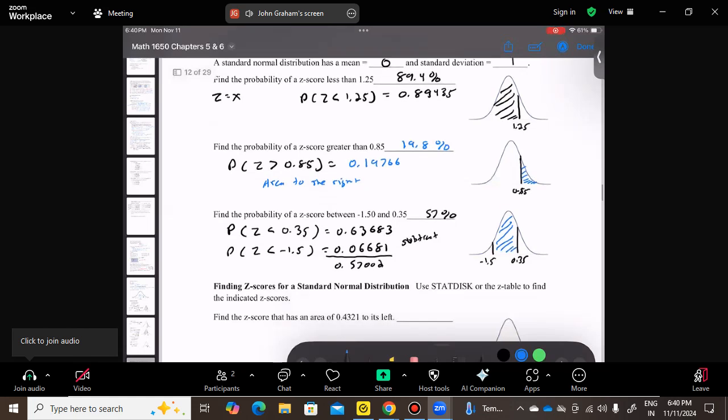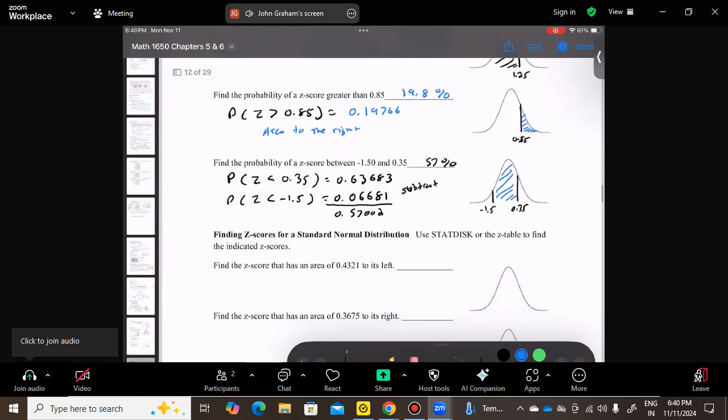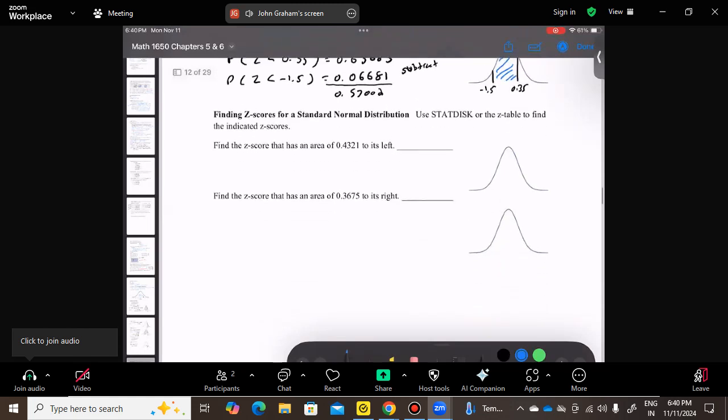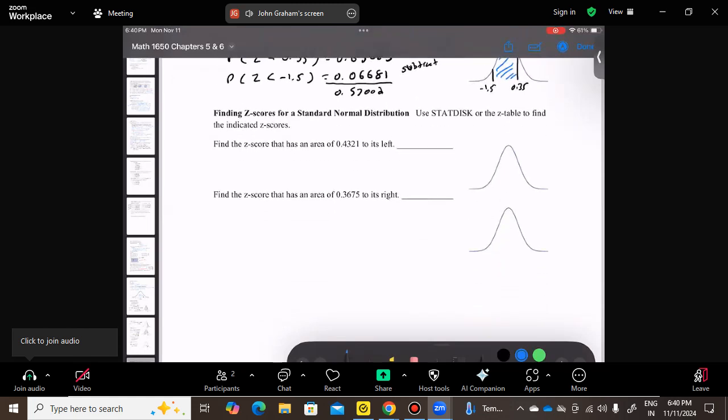Alright. So let's go in reverse. Let's say we want a z-score with the area of 0.4321 to the left. So 0.4321 is this region here.